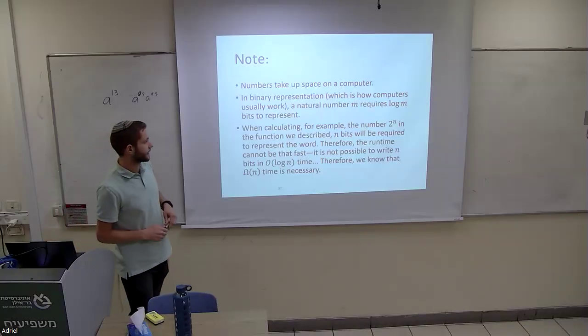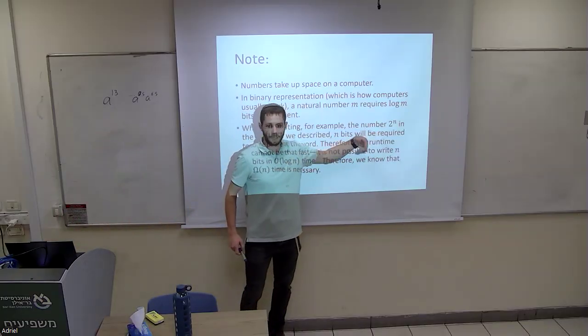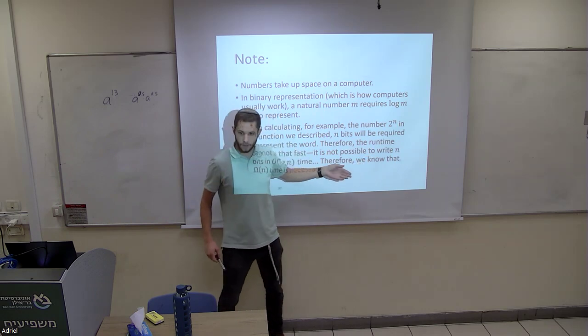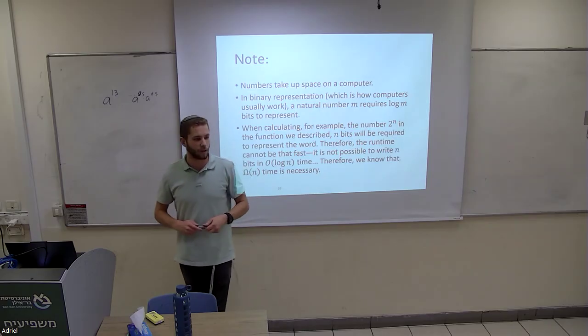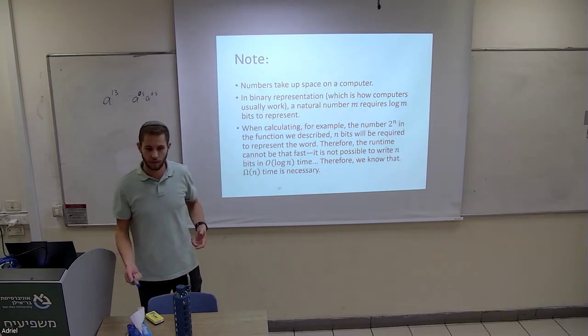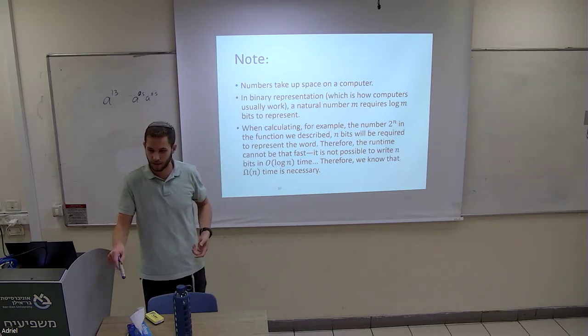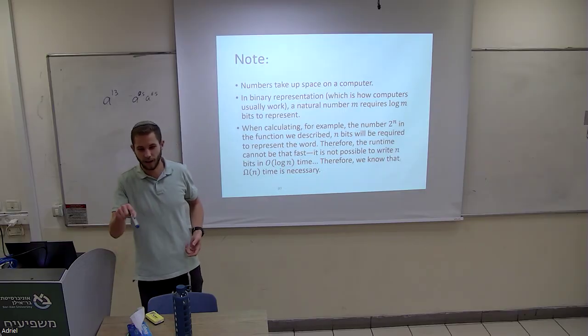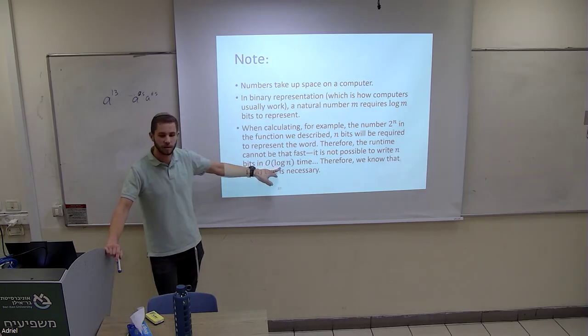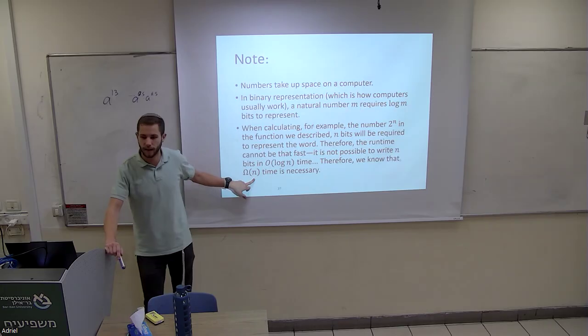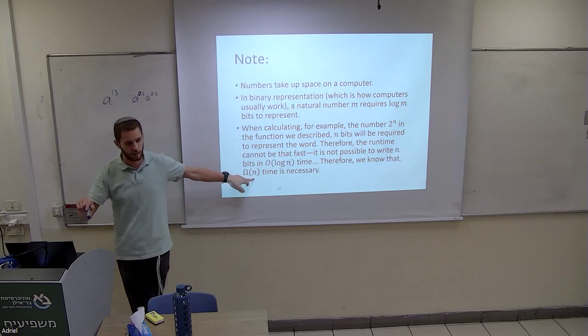For example, to calculate 2 to the power of n, we need n bits to represent that number. So in order to write those n bits, I need n operations. Therefore, it's not possible to do O of log n, because we need at least omega of n, since we need to write those n bits. Does that make sense?